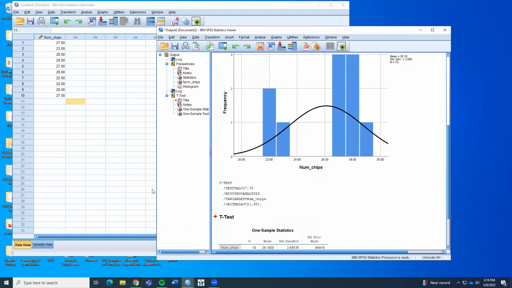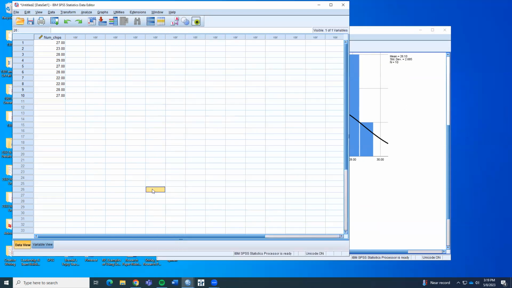Now we are going to step 3, which is to form a hypothesis. On page 245, we read, it seems reasonable to do a non-directional two-tailed test in order to follow the possibilities of more chips than promised or fewer chips than promised. So we have 2 hypotheses to look at.